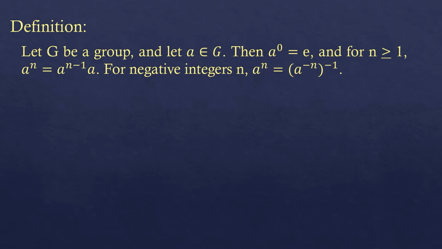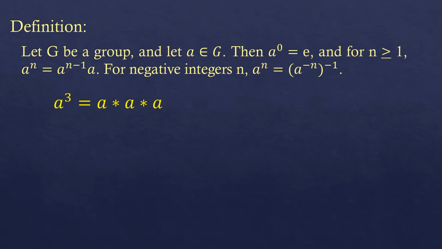Now, if it's negative integers n, meaning negative exponent, then it's defined as a to the power of n is equal to a to the negative n all to the power of negative 1. So it's kind of different definitions if it's 0, if it's greater than or equal to 1, and if it's a negative integer.